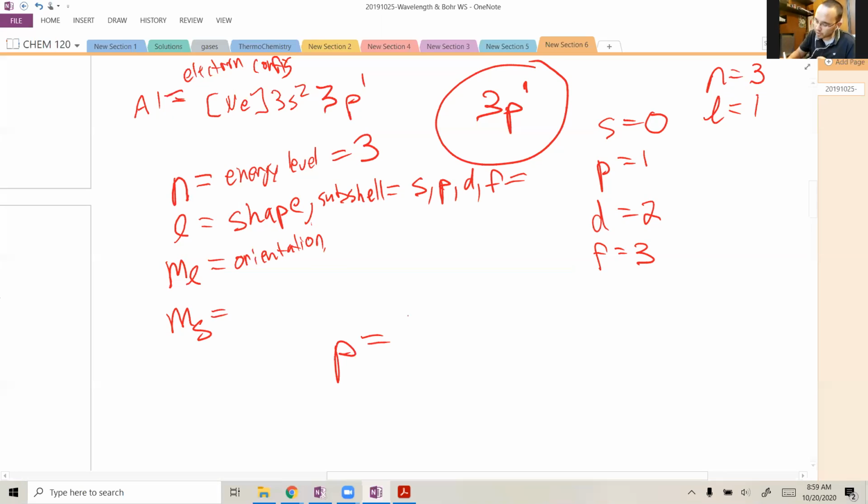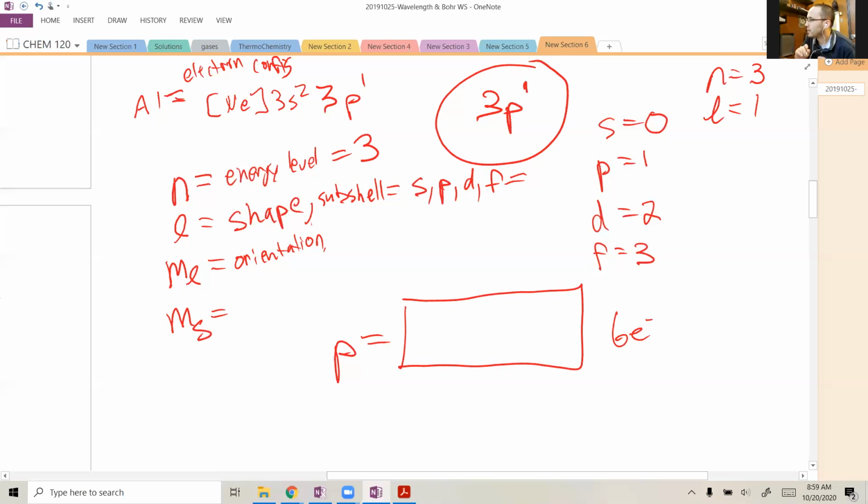How many total electrons fit into the P? 6 electrons. So each orbital can only hold 2 electrons. So how many orbitals do we have inside of the P? 3.